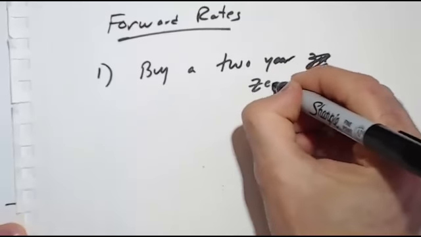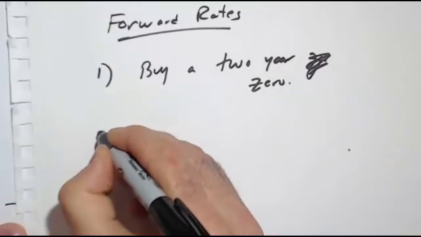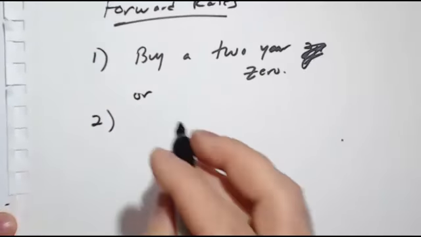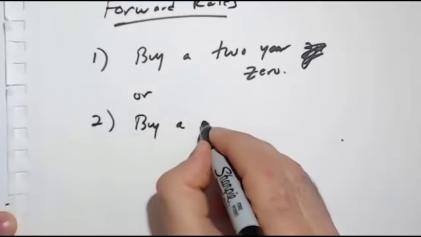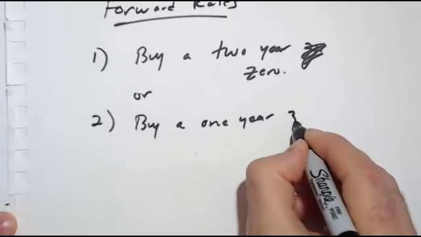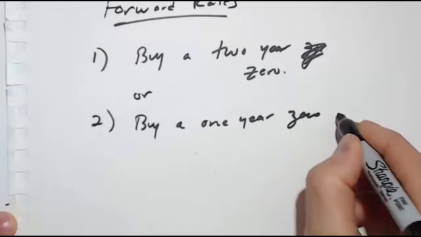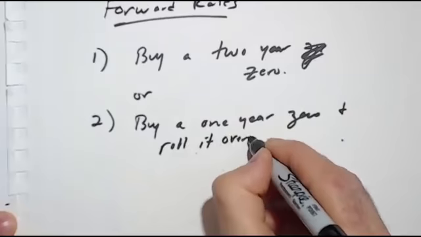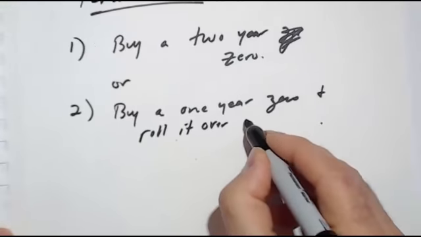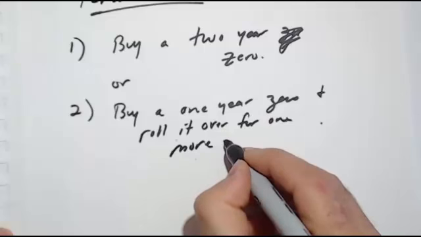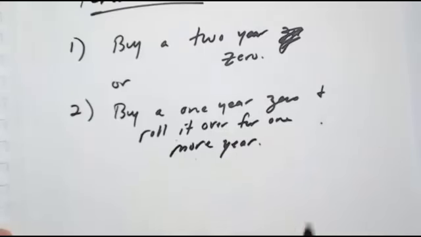Or two, you can buy a 1-year zero and roll it over for 1 more year at the going rate. Okay?